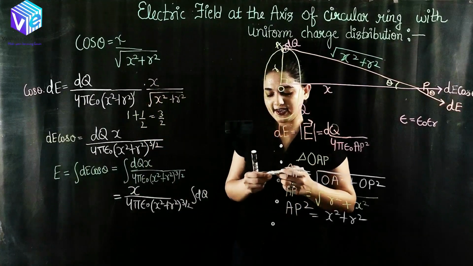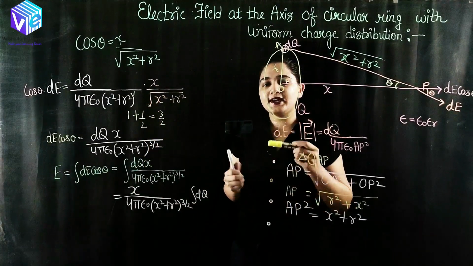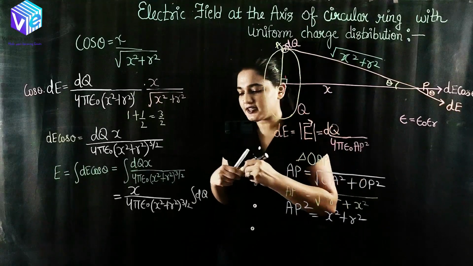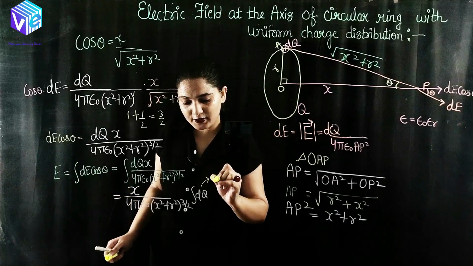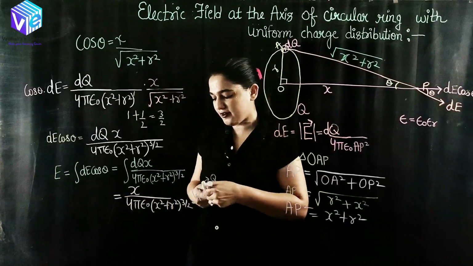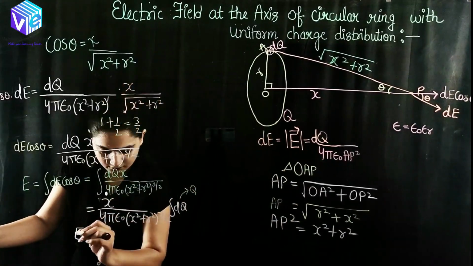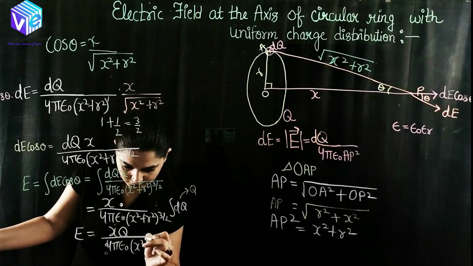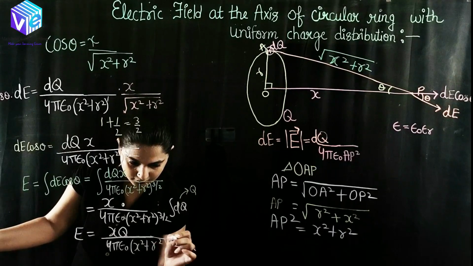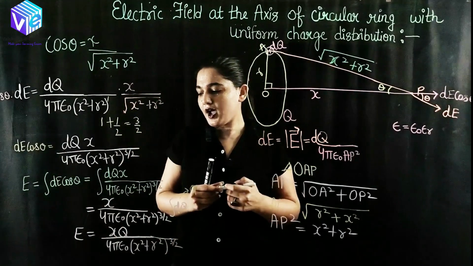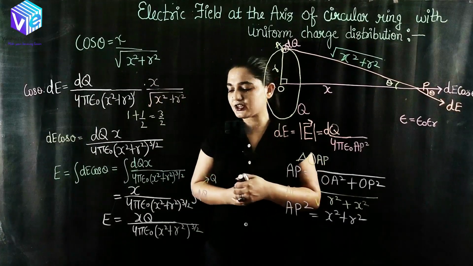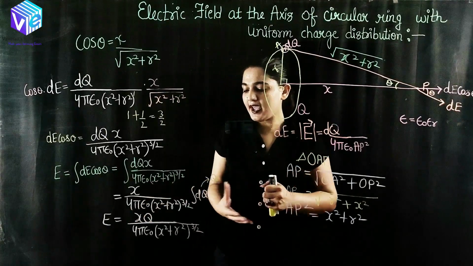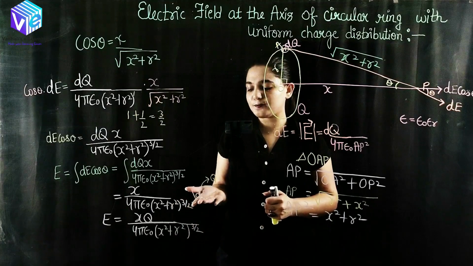And what is the integration of dQ? We know the total charge is Q. So integration of dQ will be Q. So this is how I can find out the electric field: E equals x Q upon 4 pi epsilon naught x square plus r square raised to power 3 by 2.